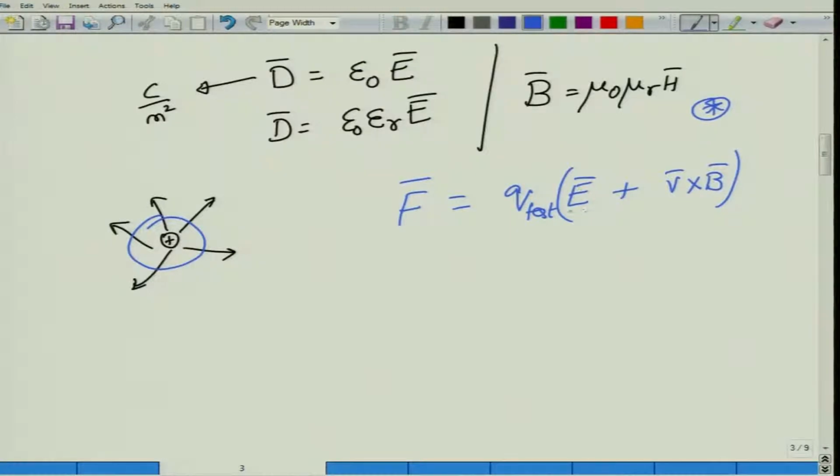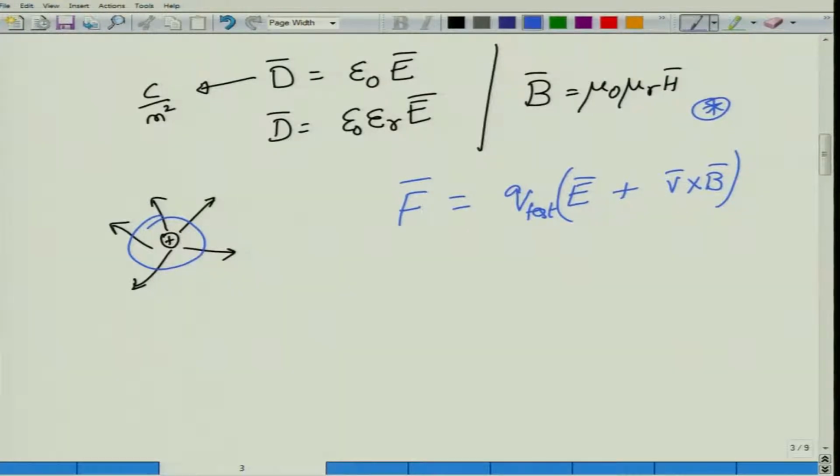So you can see that the direction of the force due to E would be along the same direction as the field, but the direction of F because of the magnetic field will actually be perpendicular to the charge motion, because charge motion constitutes current.